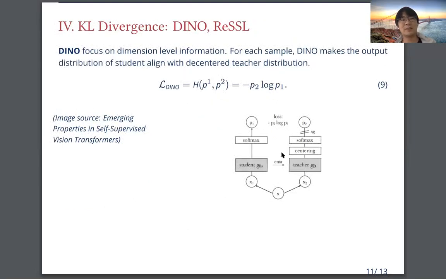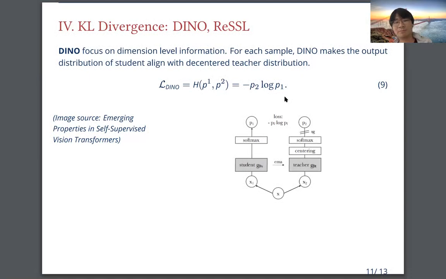And finally, there is another branch, KL divergence. So let's talk about the first work, which is DINO. In this paper, they focus on the dimension level information. So for each sample, DINO makes the output distribution of the student align with the decentered teacher distribution.